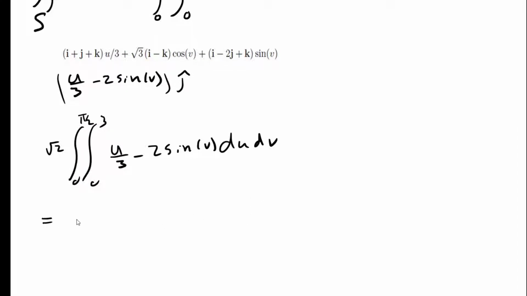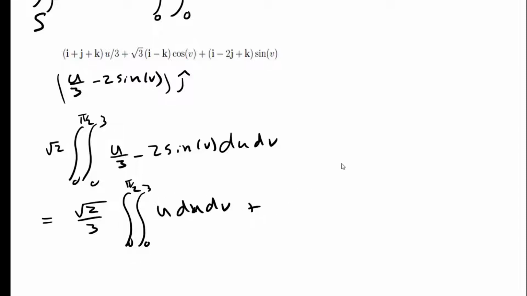So this becomes root 2 over 3 double integral u du dv. The bounds stay the same, plus, or it's going to be minus now, minus 2 root 2 double integral sine v. And again, the bounds stay the same.